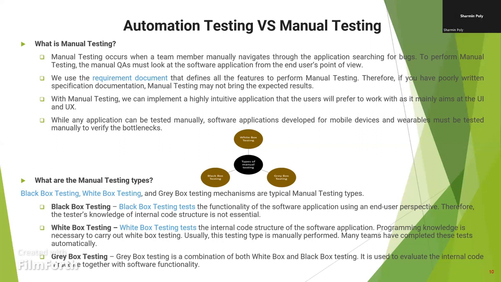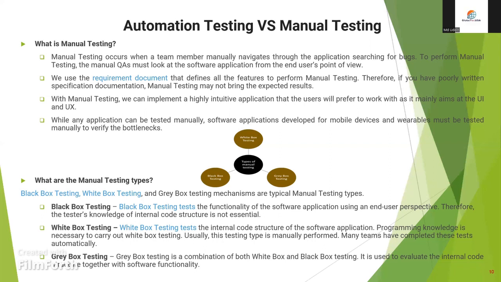Manual testing is a process where the tester manually undergoes the test steps, executes them, and identifies the results. If there are any bugs, they find them and send the defects to the developer to fix.